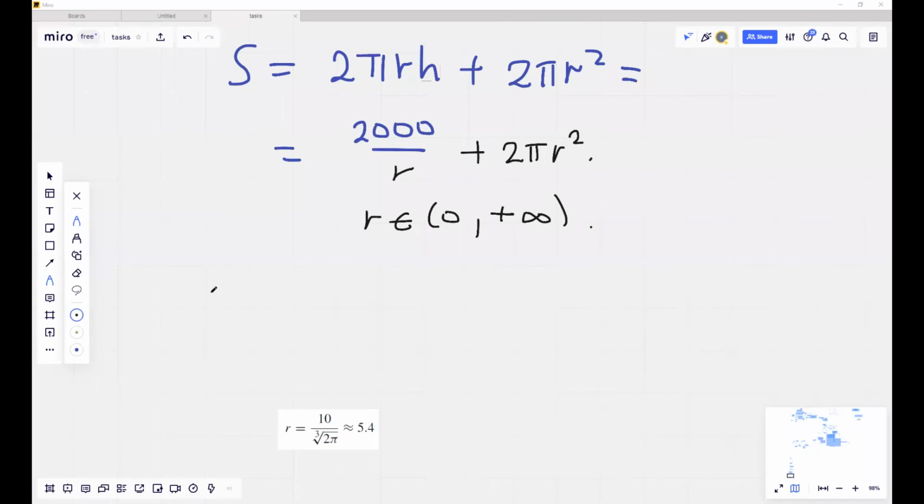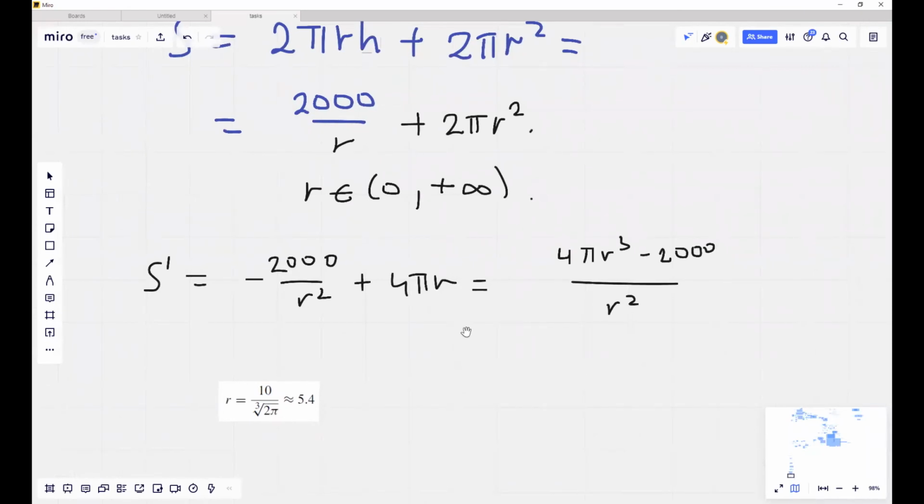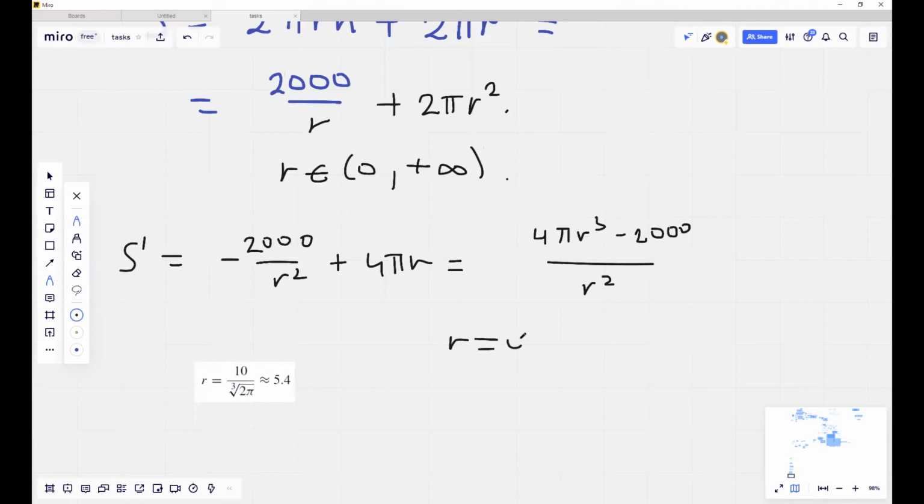Okay, so the derivative of our function S is equal to minus 2000 over r squared plus 4 pi r. Bringing that to a common denominator, we'll have 4 pi r cubed minus 2000 divided over r squared. So here we see that we have two critical points. At r equal to 0, we have a point where our function is non-differentiable, but we are not interested in that point since it's outside of our interval, because our interval here is open.